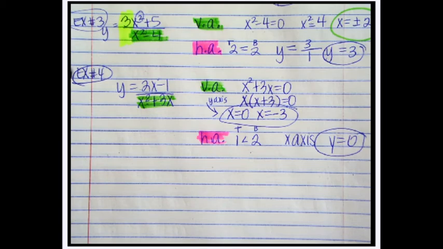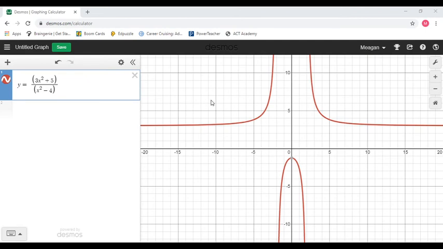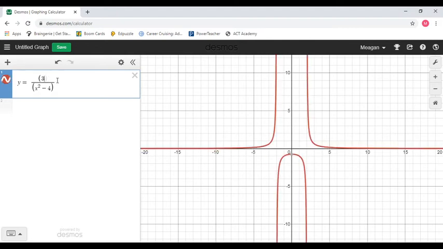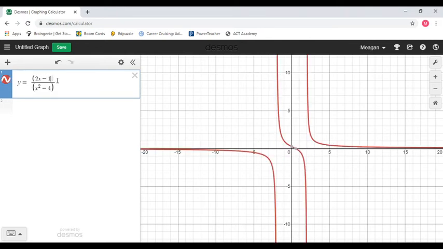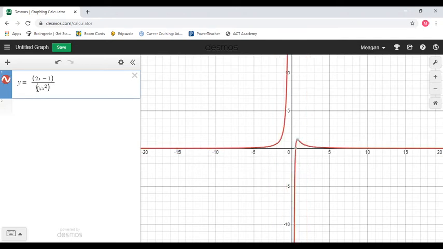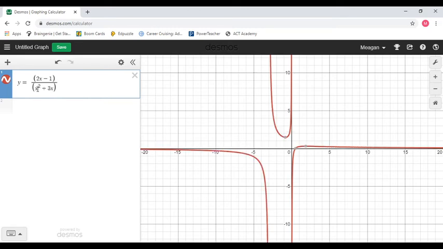Okay. And let's go check it in Desmos. So we have 2x minus 1 on top. And we have x squared plus 3x on the bottom. No, that's not right, is it? Okay. You can put x times x plus 3 on the bottom as well.